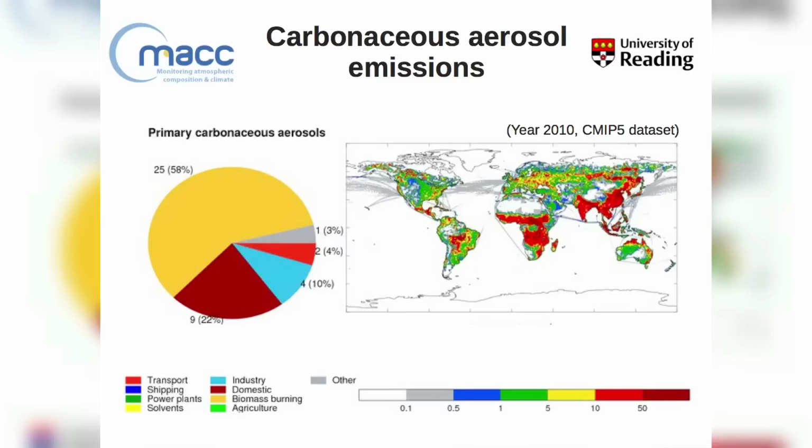Looking at how they are distributed across the globe. So first, watch out for the logarithmic scale here. So we start with a very small rate, up to 50 kilogram of sulfur per square meter per second. So not surprisingly, the SO2 emissions, those are the anthropogenic emissions only, are centered over the industrial centers of the planet.